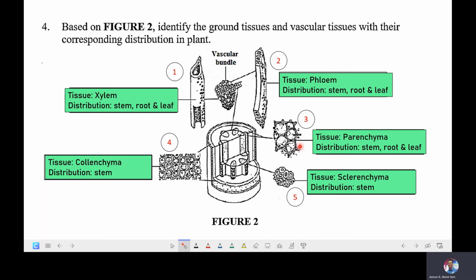Basically, you just try to focus on the cell wall of these tissues, in which the parenchyma will be having thin cell wall, while the collenchyma has got thicker cell wall, but the thickening is uneven. Meanwhile, the sclerenchyma has this thick cell wall, which normally refers to the thick secondary wall. So that will be the difference if we look at the condition of the cell wall of these three types of plant tissues.